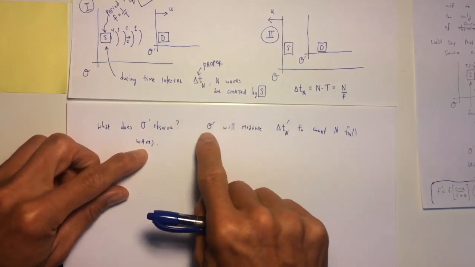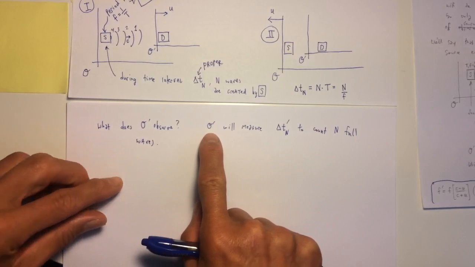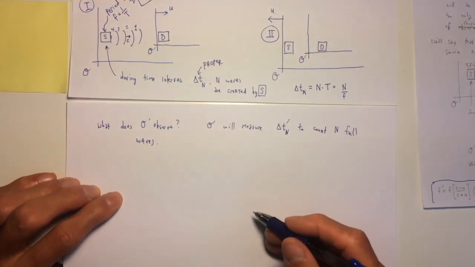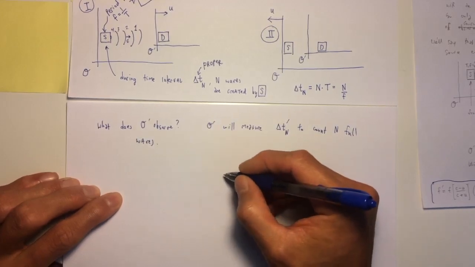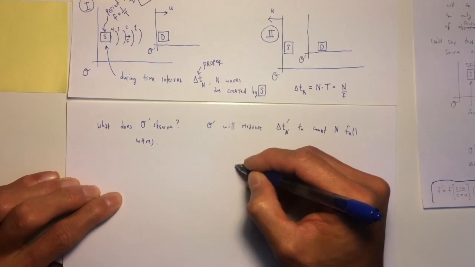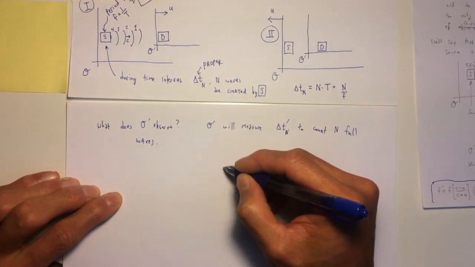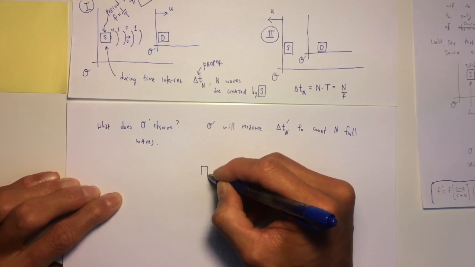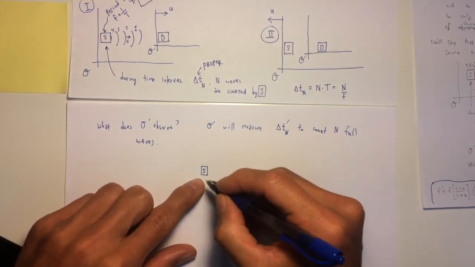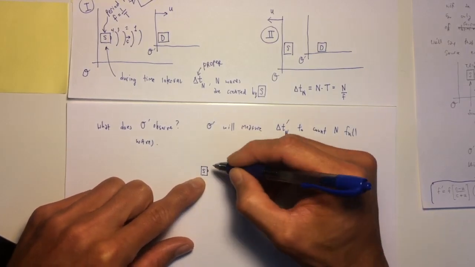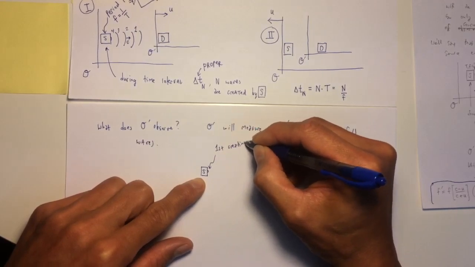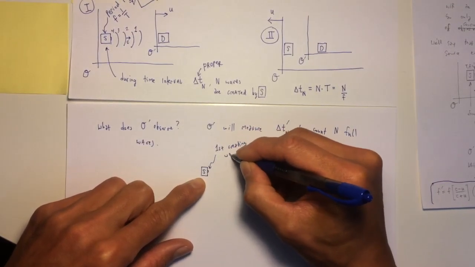So let's figure out how O prime will predict it. Okay, so here's what we have to do. This is kind of strange. Here is the beginning. The source is a little bit closer, because the source and the detector are receding. So the source is here at the beginning of first creating waves.